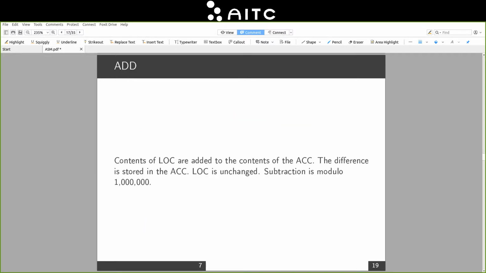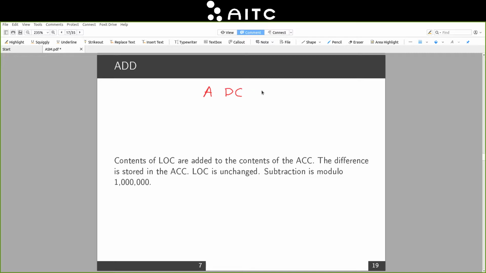Add. That means contents of LOC are added to the contents of the ACC. The sum is stored in the ACC. LOC is unchanged. Subtraction is modulo 1,000,000. Let's take an example. Let me copy the definition of the add.